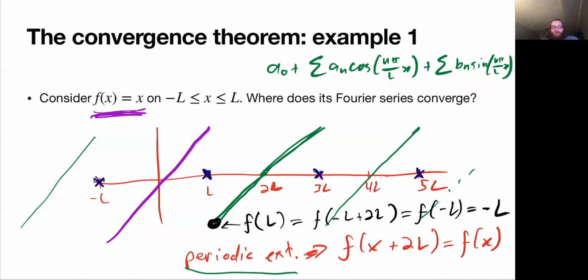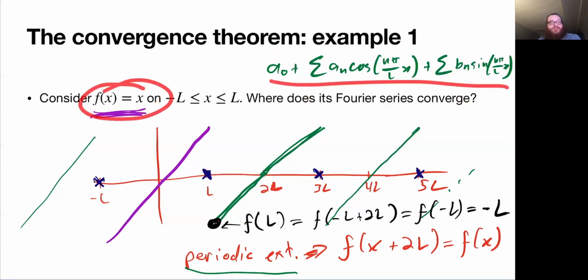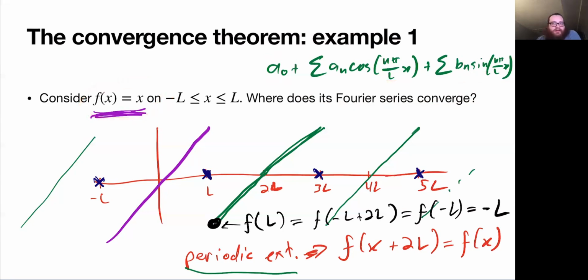Cool. And so in particular, the series and the function don't agree necessarily at these values, right? Because f of x at x equals L, the value is L, but the Fourier series, the value is 0.